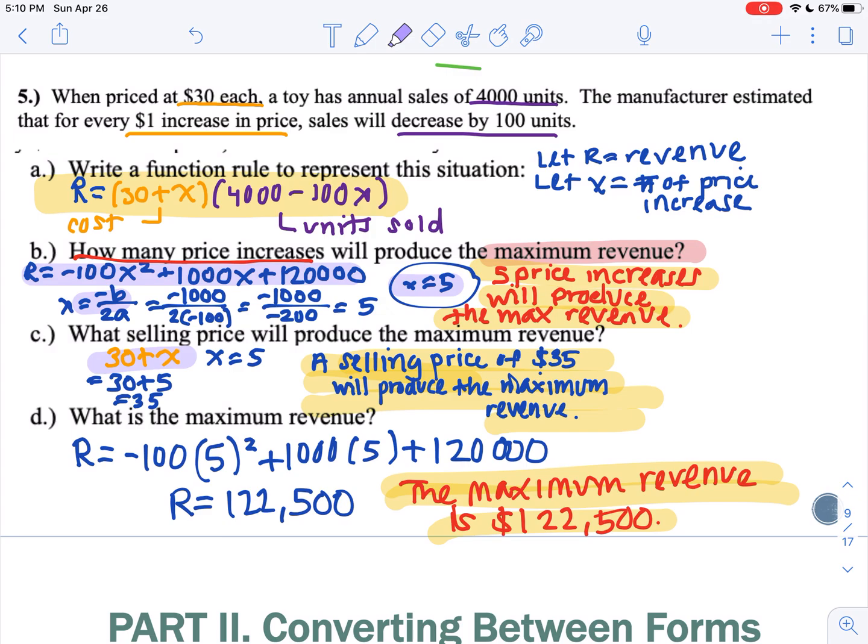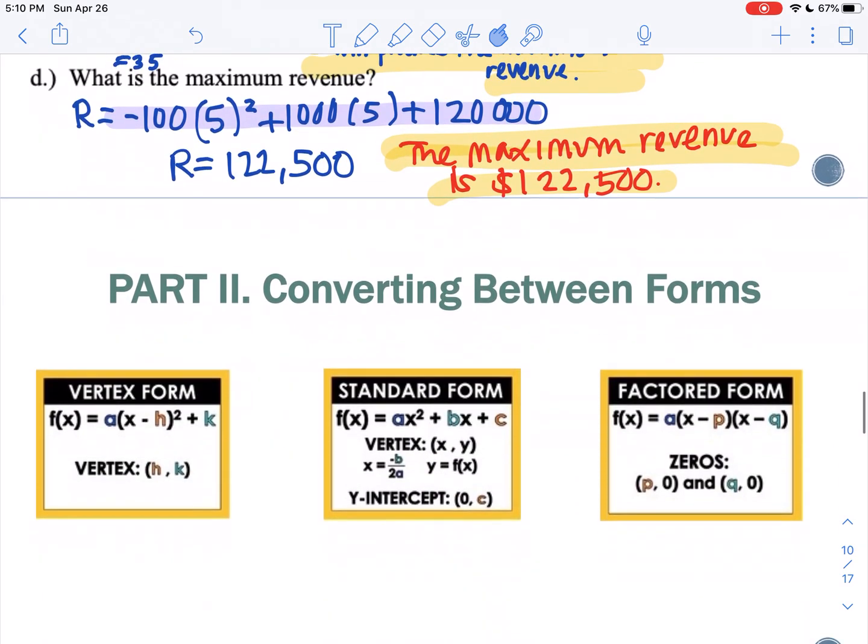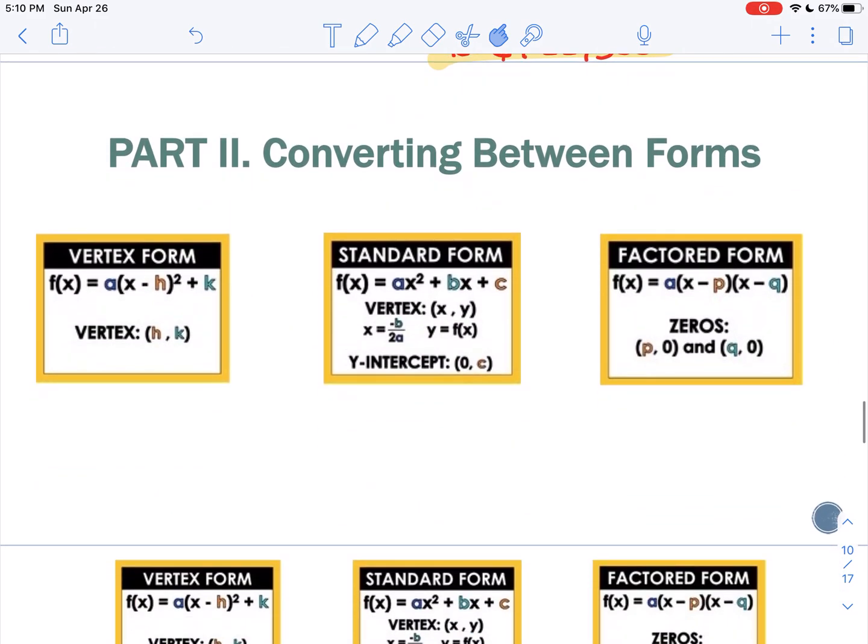The last question asks us for the maximum revenue. I take that x equals 5, I plug it back into my original function or into my standard form function, doesn't matter. Notice here I put it in my standard form function. Your maximum revenue should have been $122,500.